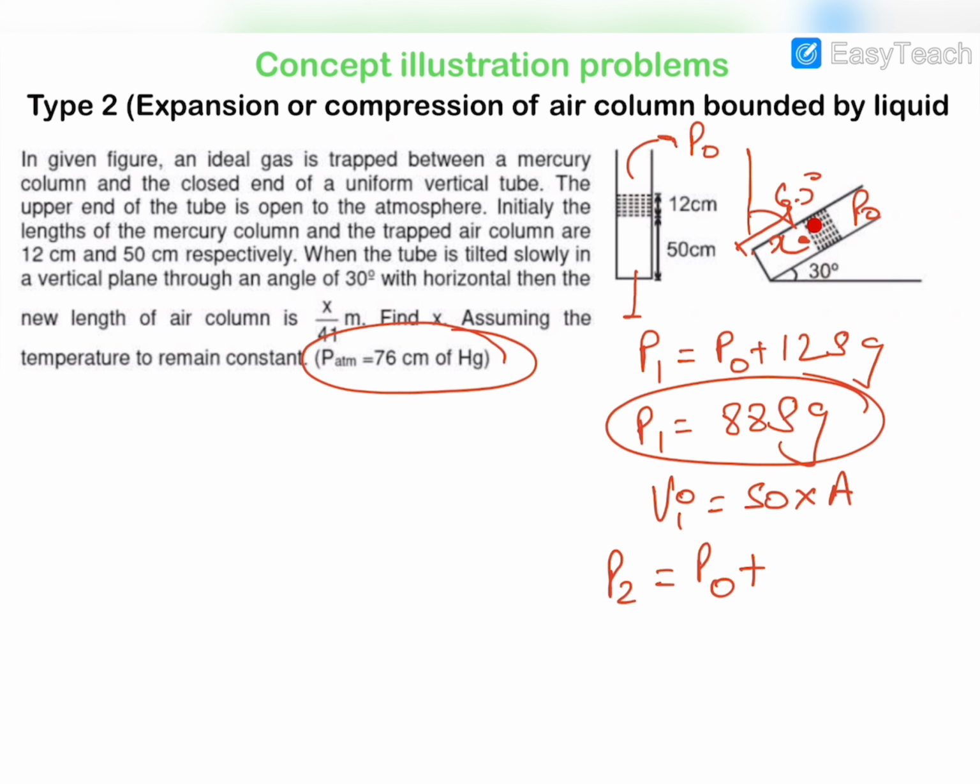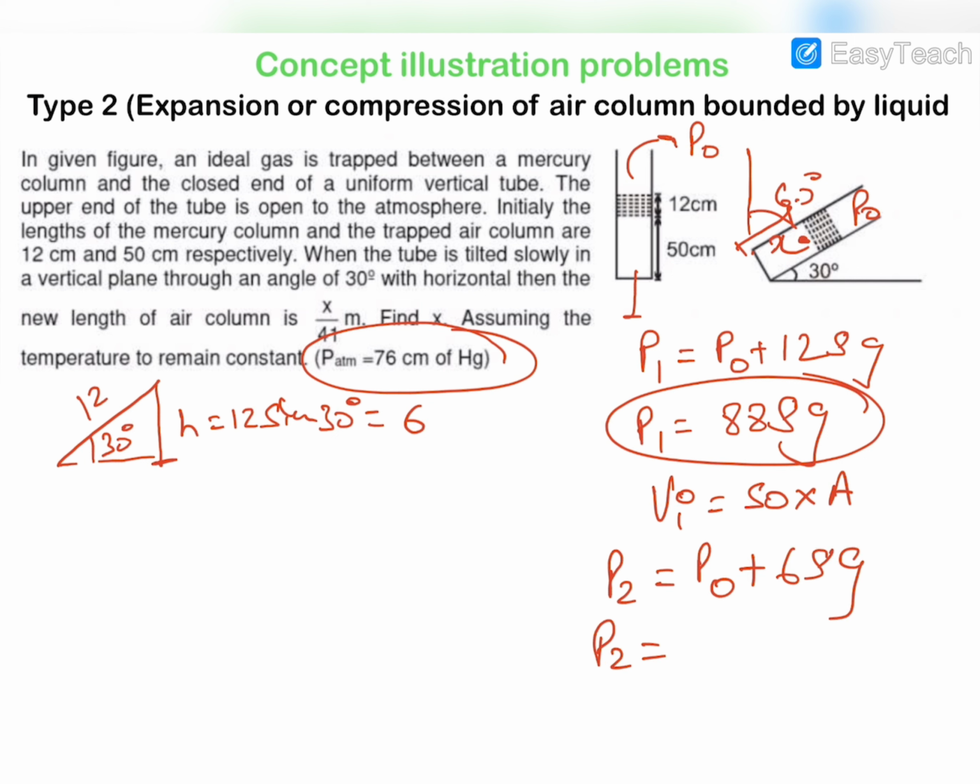So if the length of Hg is 12, we have to take 12 sine 30. If this length is 12, then we have to consider this length, which is 12 sine 30, which is equal to 6. So it would be 6 rho g. So the new pressure P2 will be equal to 76 plus 6, which is 82 rho g.